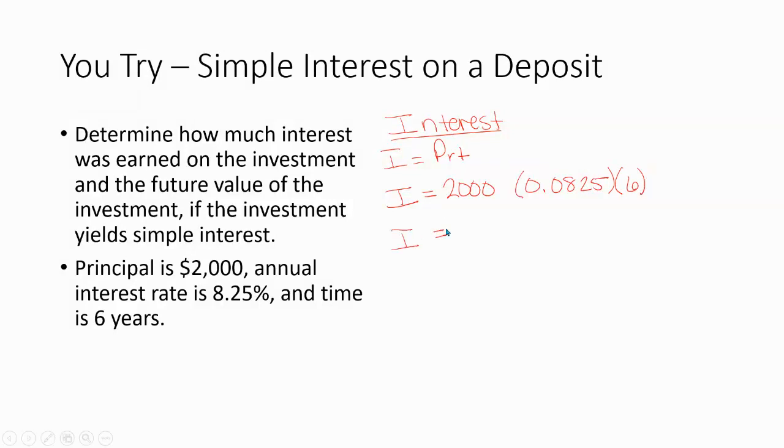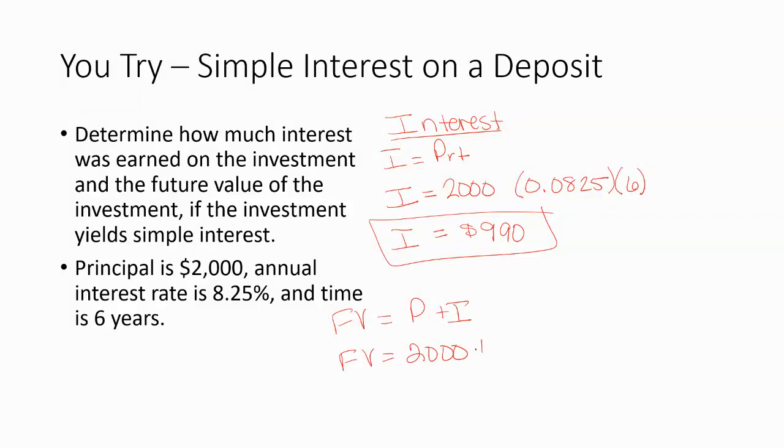So we'll do those calculations. 2,000 times 0.0825 times 6 is $990. My future value is my principal plus interest. So my future value for this one is 2,000 plus 990, or $2,990. Okay.